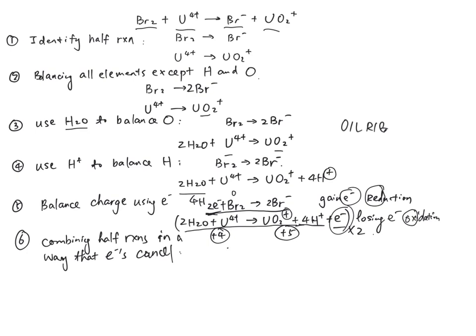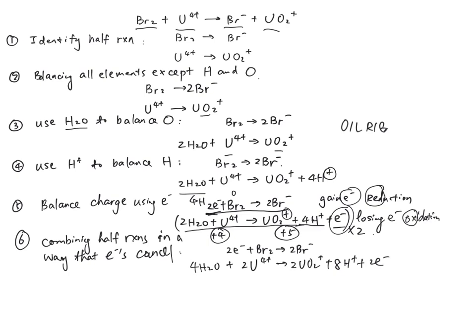So, all right, 2 electrons, bromine, 2 bromide, and then 2 times the second half reaction, that would mean 4 water molecules plus 2 U4+ ions producing 2 UO2+ ions and 8 H+ and 2 electrons. So everything gets doubled. The whole reaction happened twice.